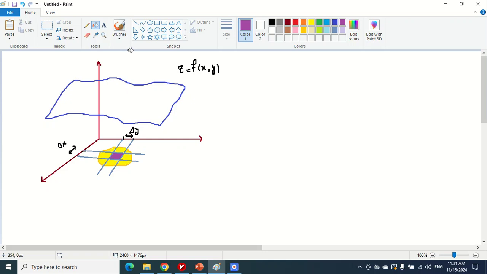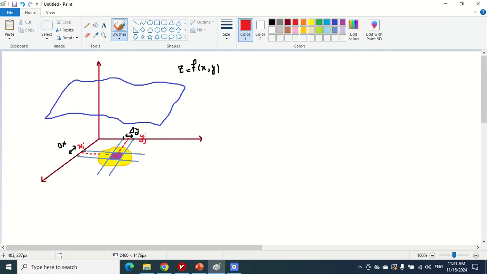With that delta x and delta y, I also need one point inside of that region. So let us choose one point over here that is located by xi, and yj for the other coordinate of that point.